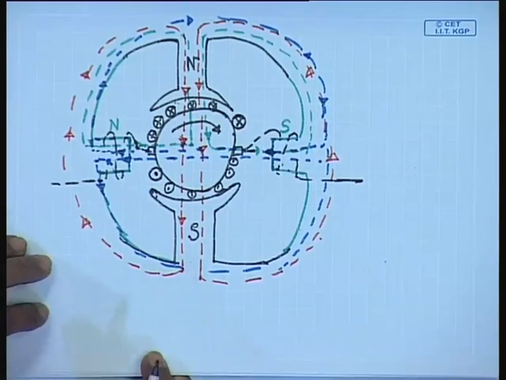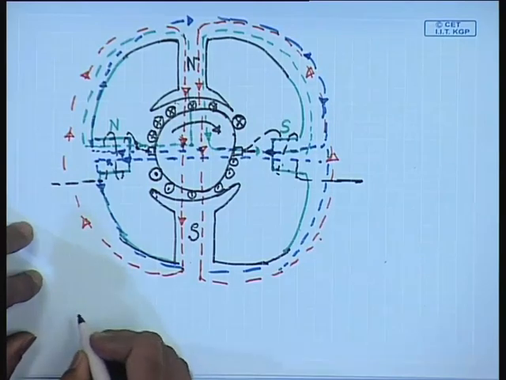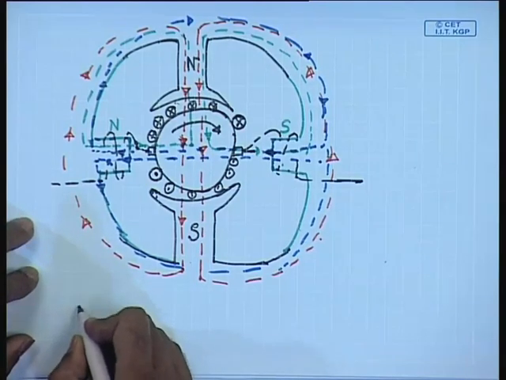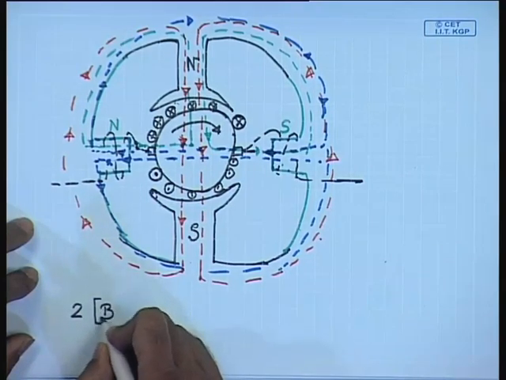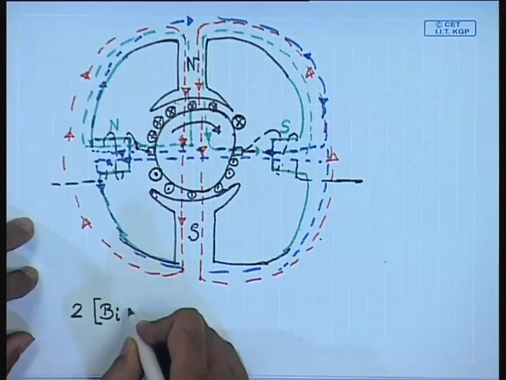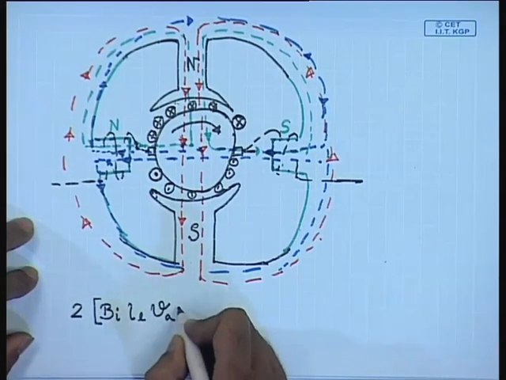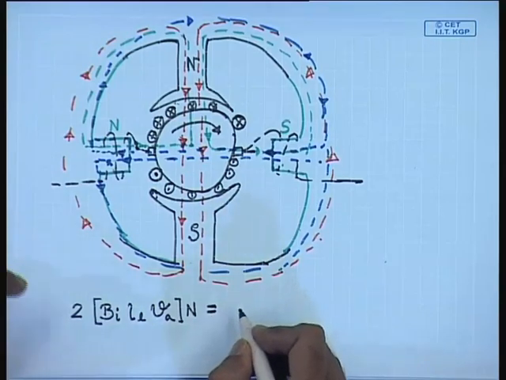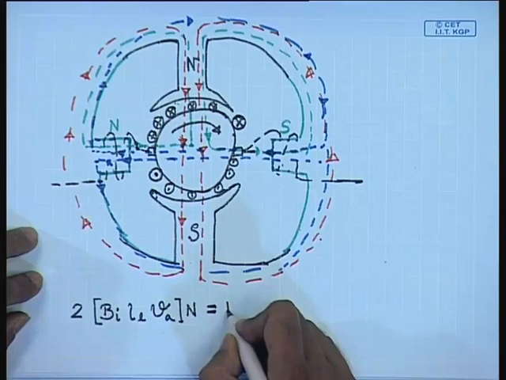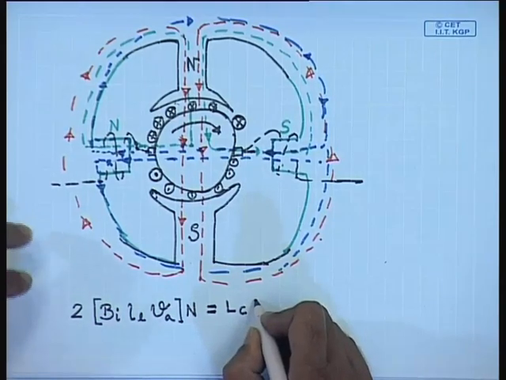The voltage induced in the coil at the interpolar location will be 2 times the desired interpolar flux density Bi into length of the conductor into velocity of the armature into number of turns, this should cancel the voltage due to the self inductance of the coil undergoing commutation.